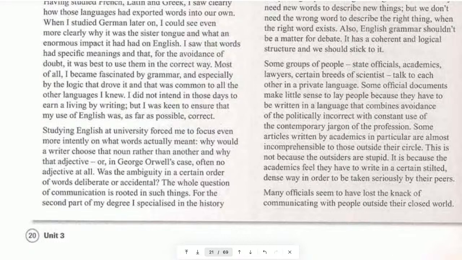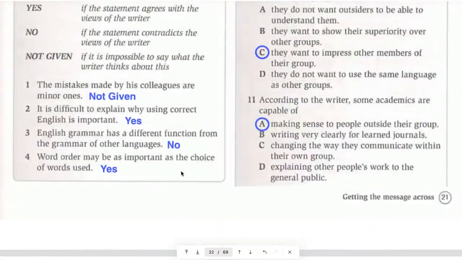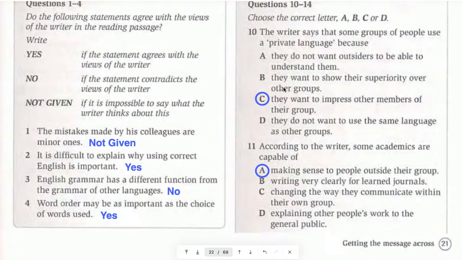Why is that? Who knows? Please tell me. Because we are looking for the reason, right? The reason is because they want to impress other members of their group.